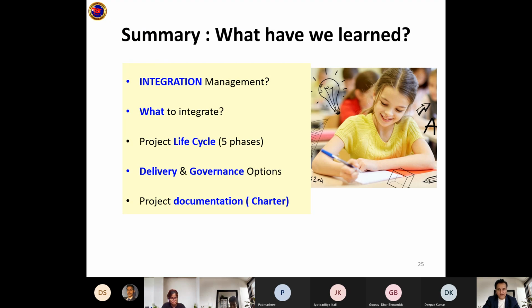So deliver sequentially, parallelly, or in a matrix; govern based on project, program, or matrix. That's what we learned. And then lastly, we learned that project documentation is very important because that helps us in managing the project overall. So are you comfortable with this, the knowledge part?